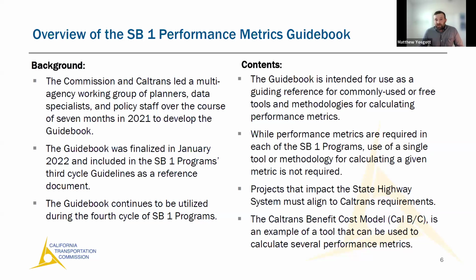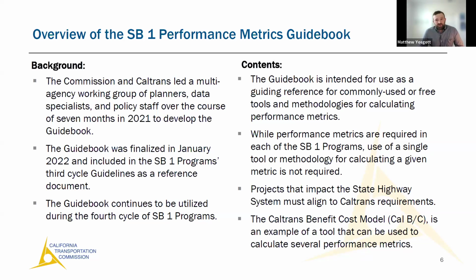The guidebook was finalized in January 2022 and automatically became integrated into the SB1 program guidelines. So it is a resource that is currently available on the Commission's SB1 website. It is quite lengthy. It's about 130 or 140 pages long.